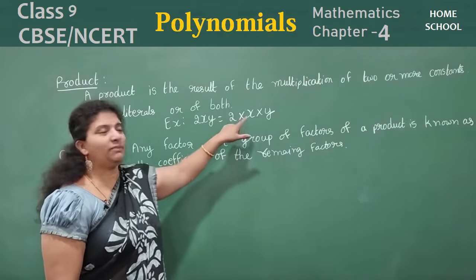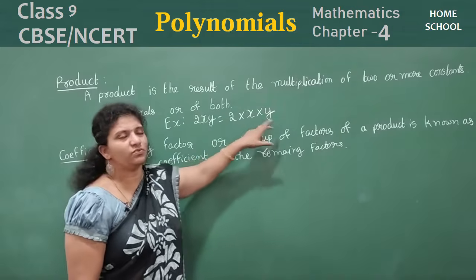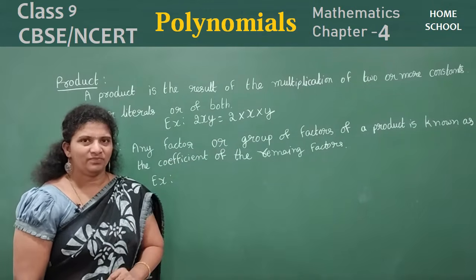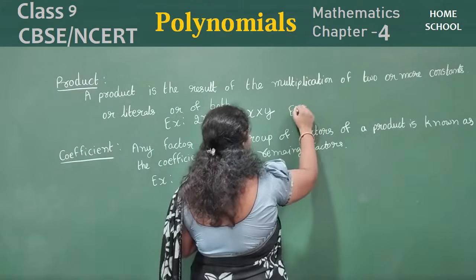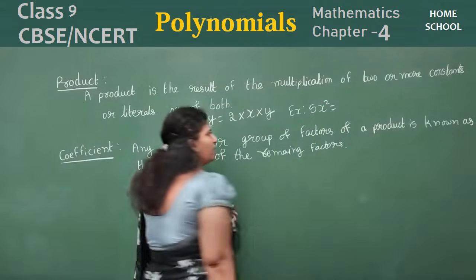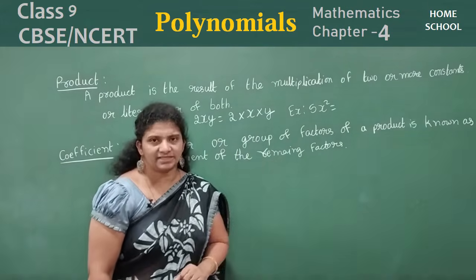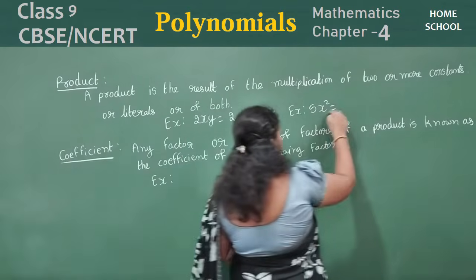If you multiply one constant with the two variables, we get a product of 2xy. One more example. Let's take 5x square. How do you get this, children? 5 is a constant. X square, how do you get this?